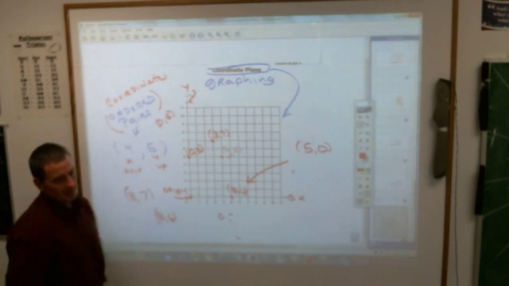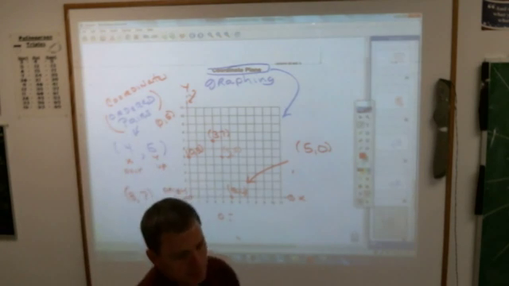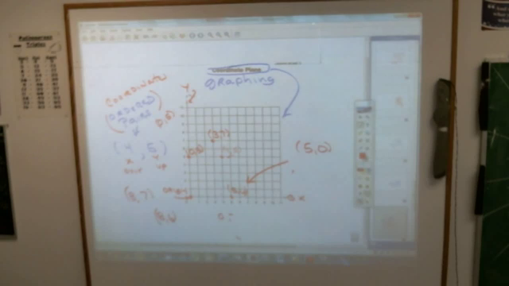Jot down what 8, comma 6 is on your paper, and label it so that you have it labeled. Point to me where 8, comma 6 is.